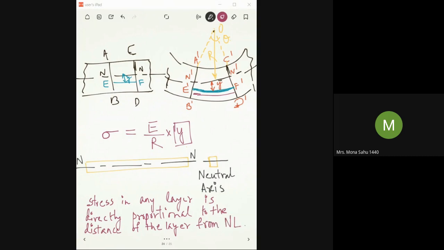Okay, so this equation can also be written as sigma by y equal to E by R. So what is R? Radius of curvature. What is E? Young's modulus.